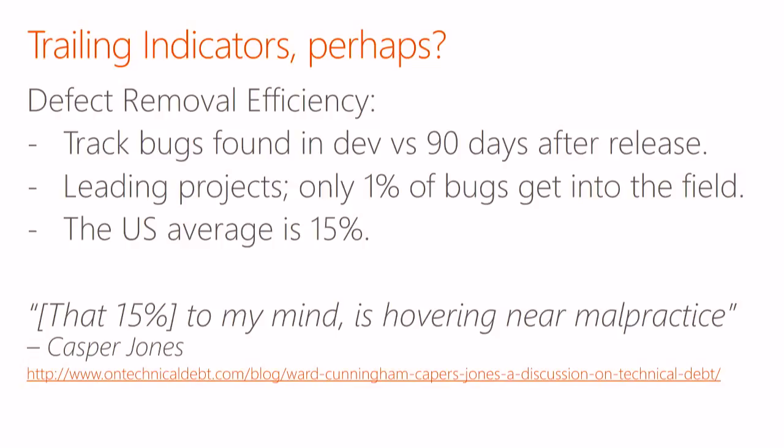If we're on top of our technical debt and our bad code, then maybe for every 100 bugs that we are aware of, only one of them makes it into production. Whereas average projects, according to the stats, is 15%. An interesting statement, that 15% is hovering near malpractice. That's a bit scary. It's a little bit extreme, but sometimes you've got to go extreme to fix things up.